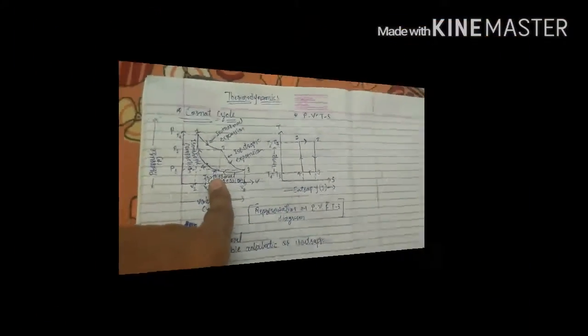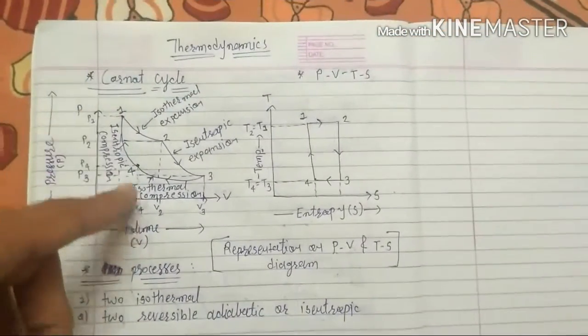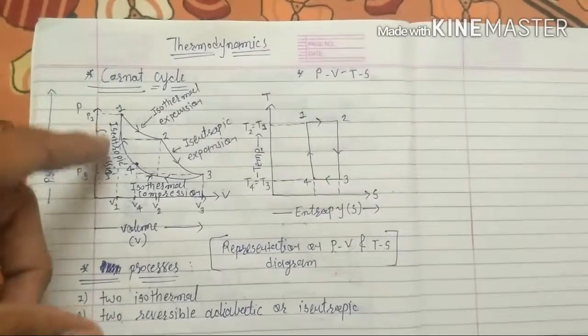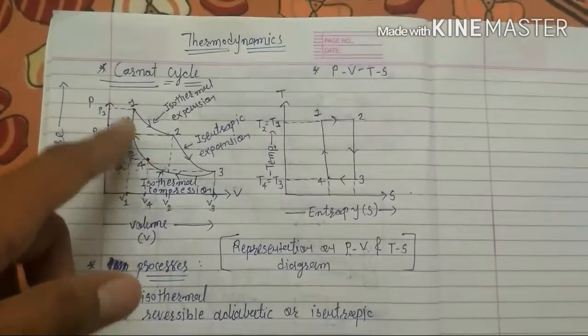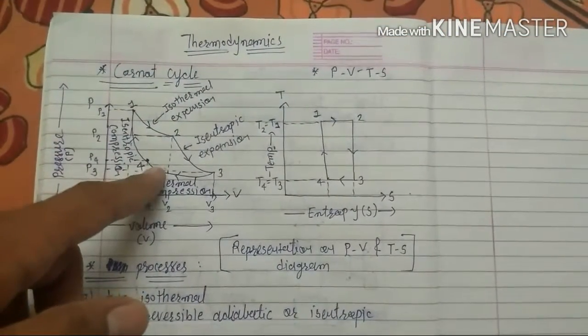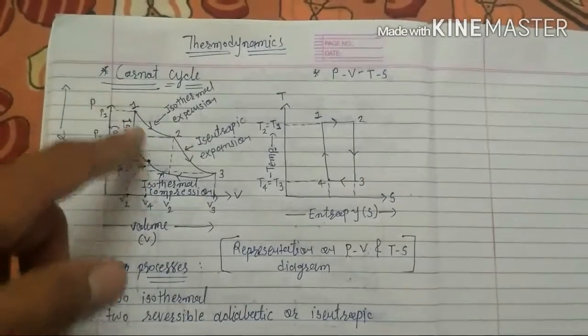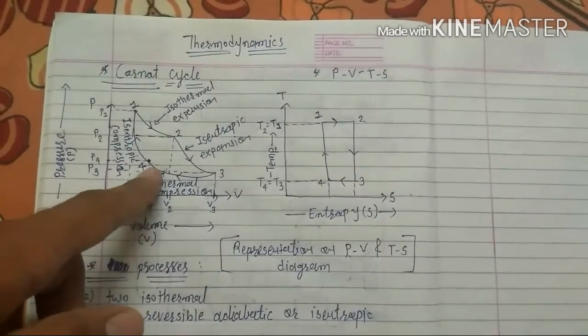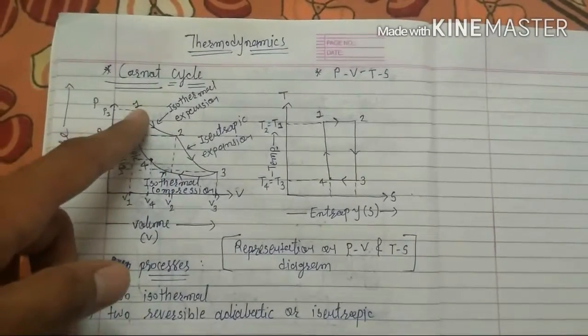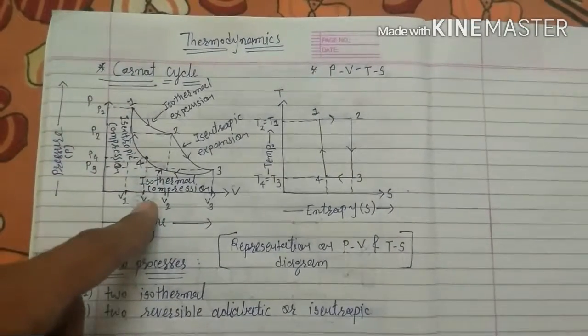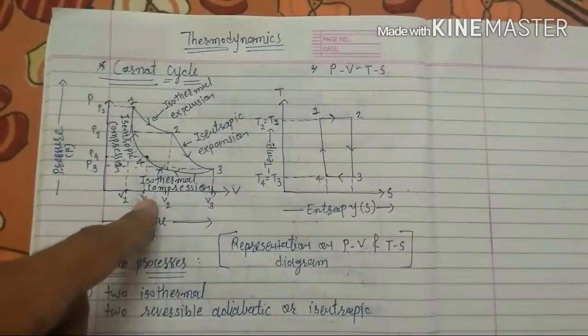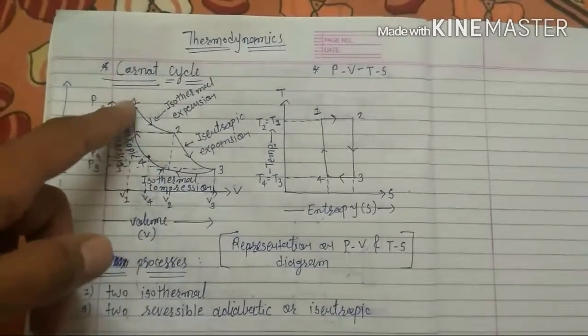Now process 4 to 1, which is the isentropic compression process. As I told you, in compression the pressure of the gas will increase and the volume will decrease. During process 4 to 1, the pressure increases from P4 to P1, which was the starting pressure, and the volume decreases from V4 to V1, the same as the starting point.